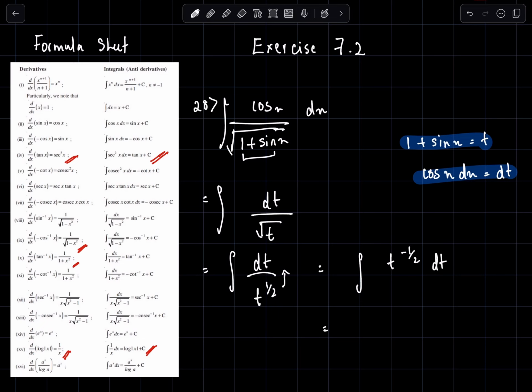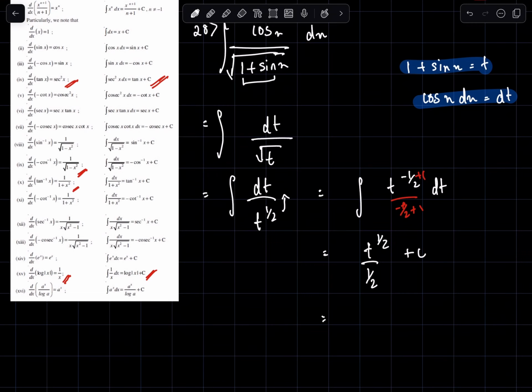Okay, so let's add 1, which basically makes it negative half plus 1. So t raised to the power half divided by half plus c, which is equal to, and then you take half over there, it inverts, so 2 times t raised to the power half plus c.